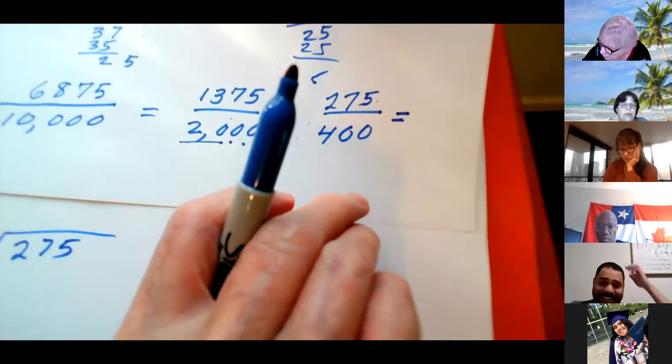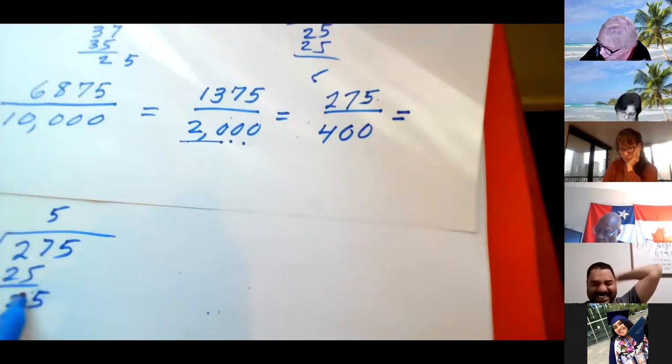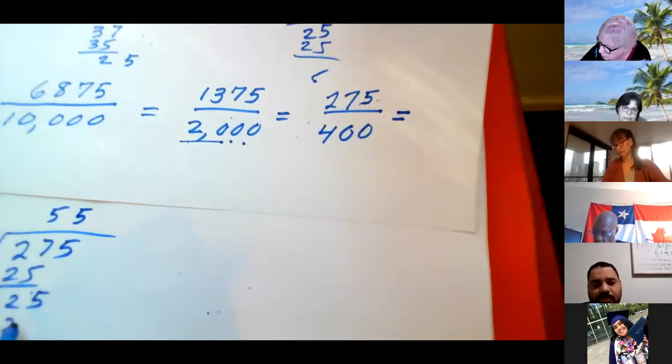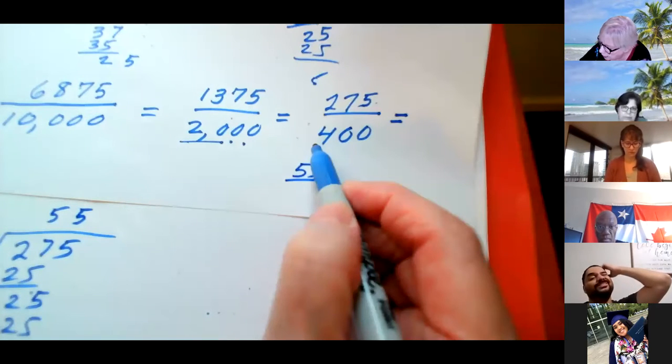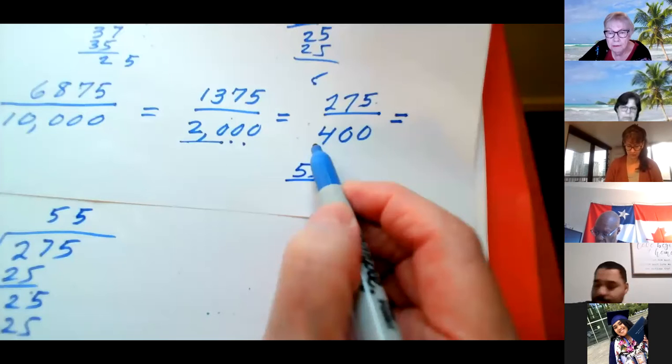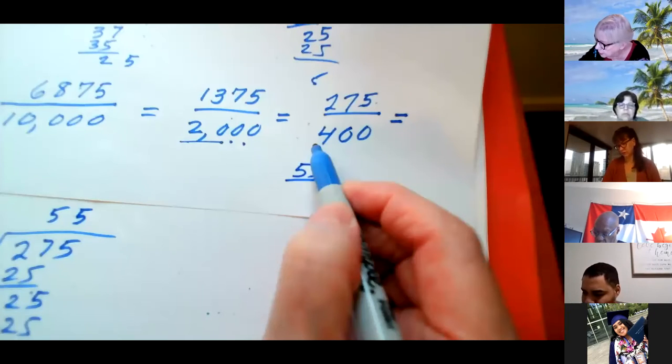Oh yeah, 5 into 25 is 5. So this would be 55, and 5 into 40 is 8 with 1 0. I think one more will do it. 5 into 55 is 11. 5 into 8 is 1, 3 left over. 5 into 30 is 6.